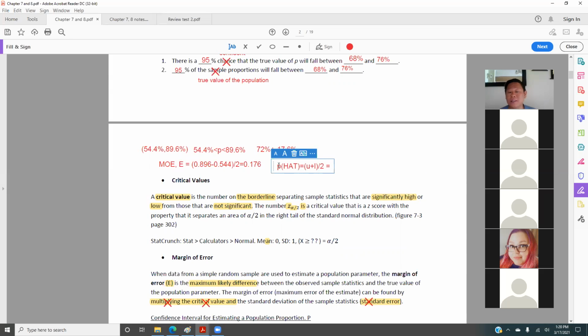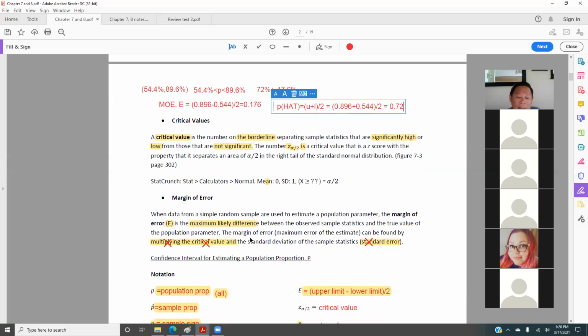So upper is 0.896 and lower is 0.544, and you divide this by 2. If you use your calculator, this comes to 0.72. So my question to you is, how many ways can we find p hat?